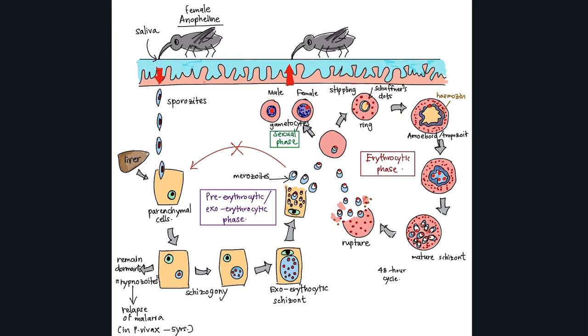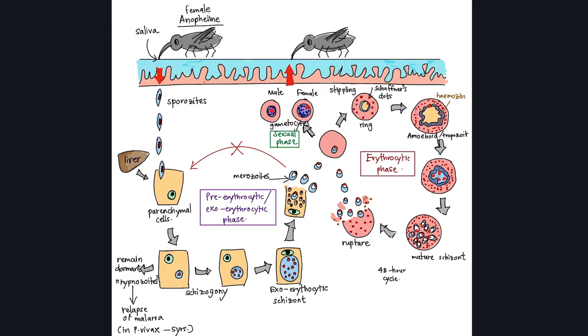Some of the merozoites, after entering the red blood cell, don't undergo further development, but instead produce gametocytes, and they enter the sexual phase. They produce female and male gametocytes, and these gametocytes are taken up by the female Anopheles mosquito.